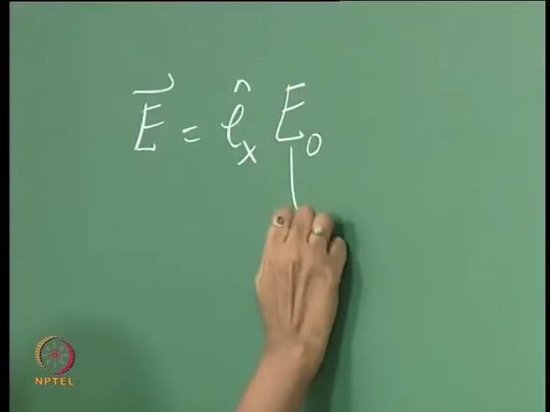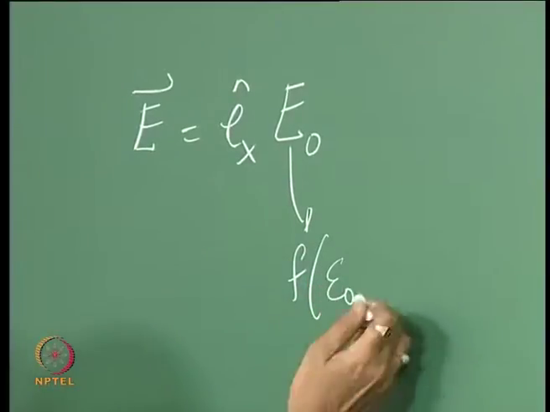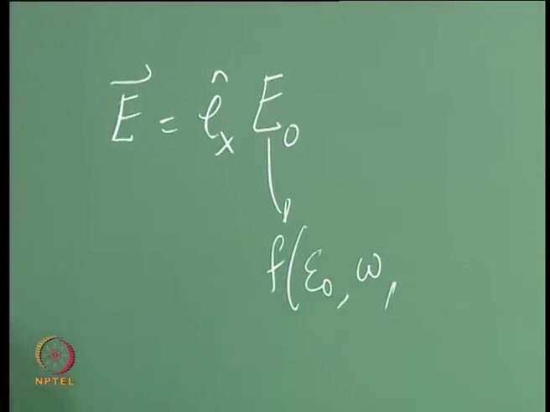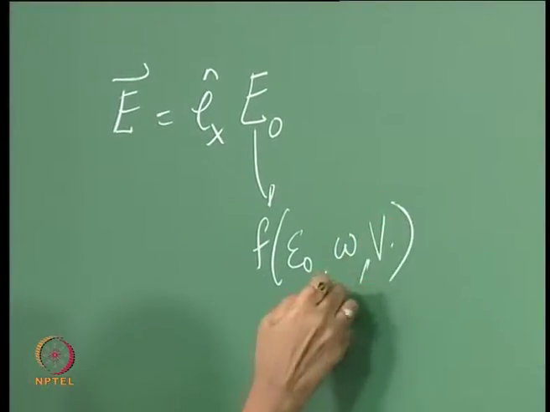E0 is simply a function of the permittivity, the frequency of the electromagnetic wave, the volume of the cavity, and so on.